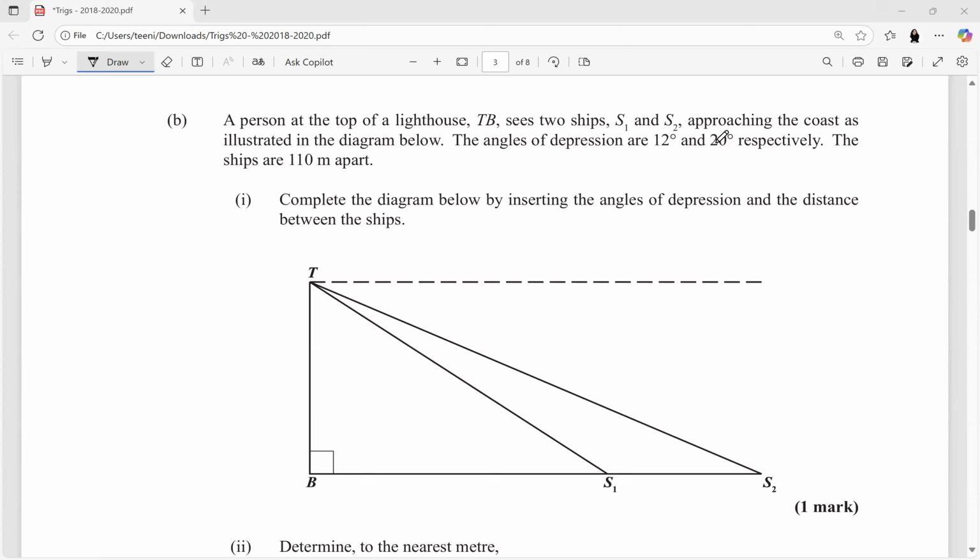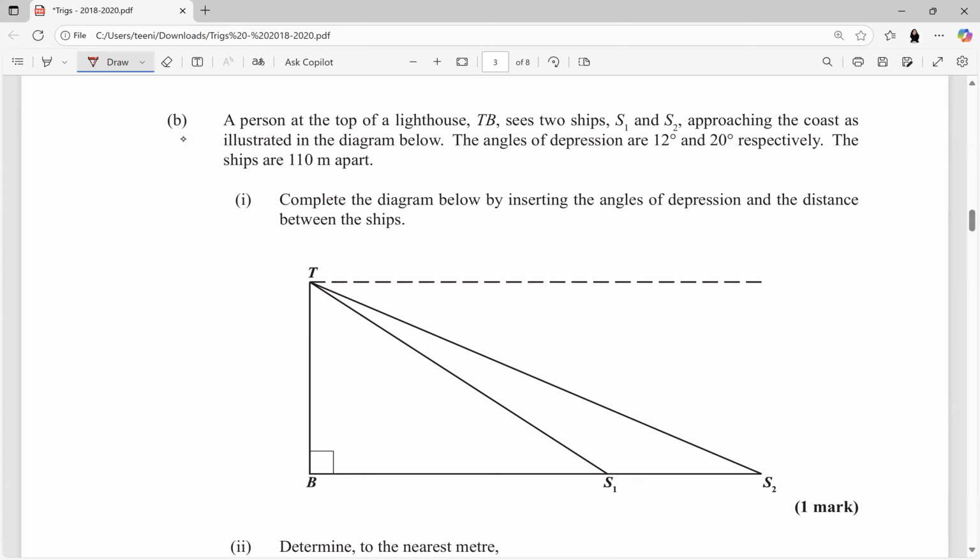The ships are 110 meters apart. Complete the diagram below by inserting the angles of depression and the distance between the ships. So first of all, the angle of depression would have to be the angles at the top, right? From T looking down at ship 1 and ship 2.